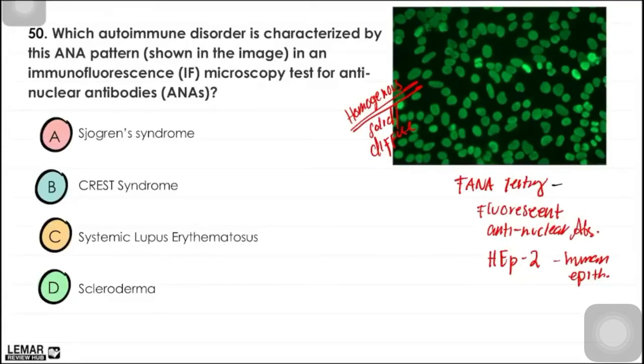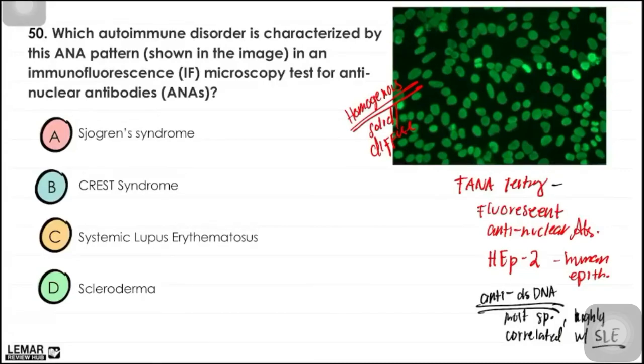Although there are many other nuclear DNA antibodies, this is commonly anti-dsDNA, which is most specific or most highly correlated with SLE, systemic lupus erythematosus.